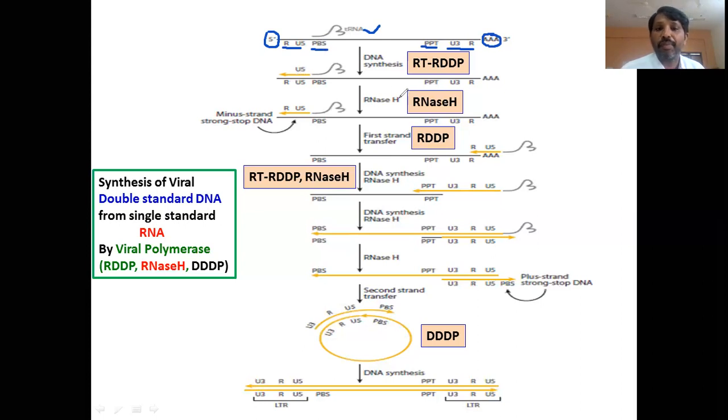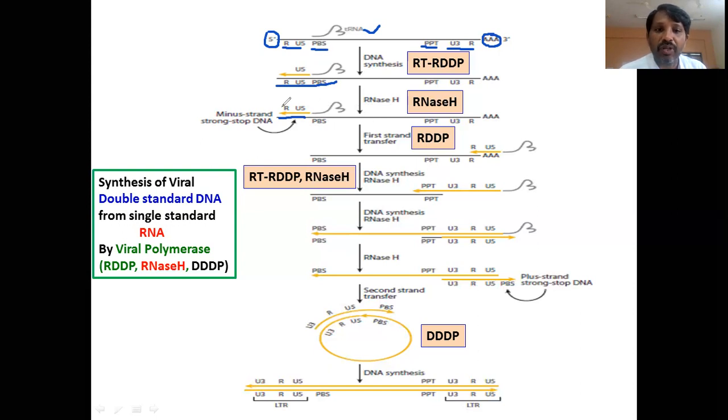Now, what will happen once it is synthesized at the 5' region, from here to here? Next, RNase H. You see, this is a DNA and this is an RNA.